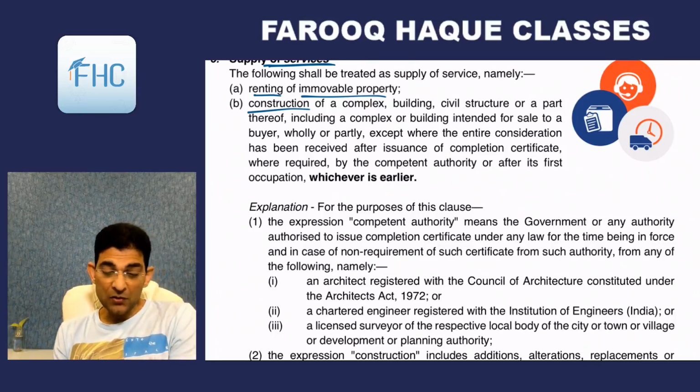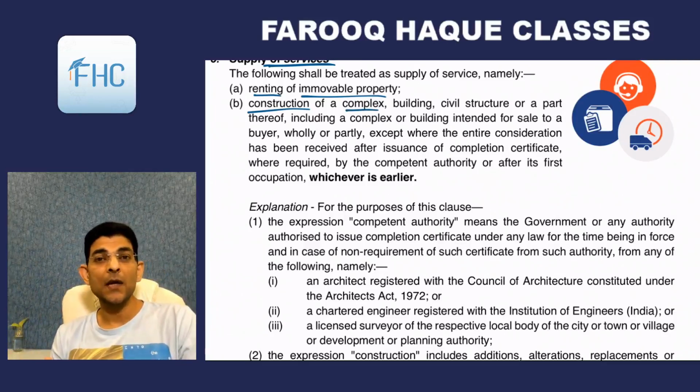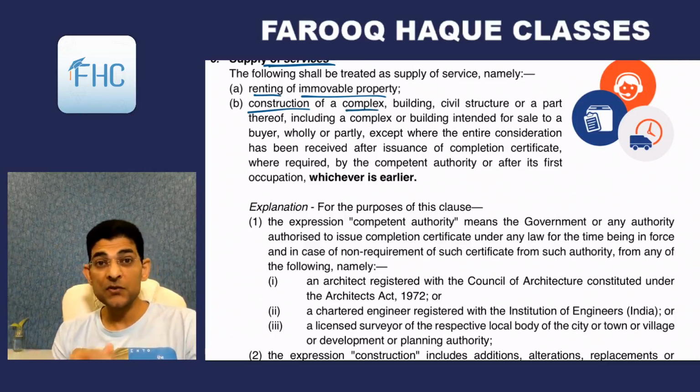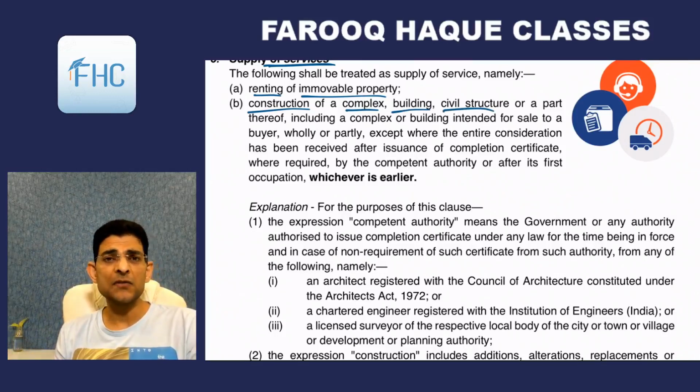So this is construction of a complex. Complex means a multiple flat scheme; it can be a commercial complex, a residential complex, or a mixed complex also. Then building, a simple construction of a building. Civil structure, any kind of civil structure, which can include a factory building, anything, or a part thereof.